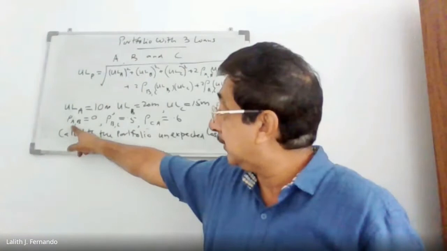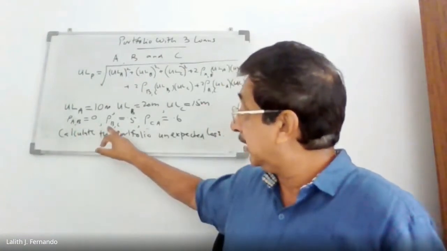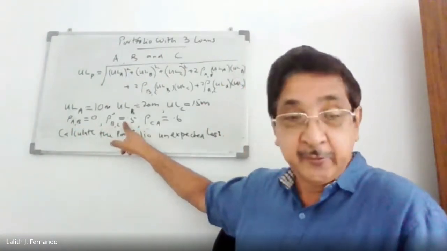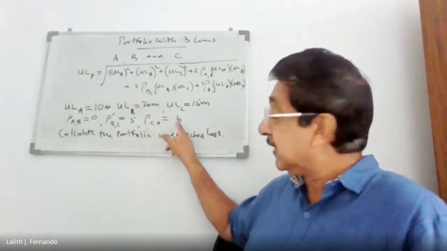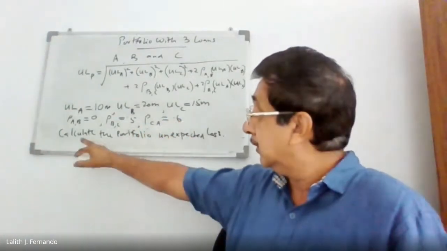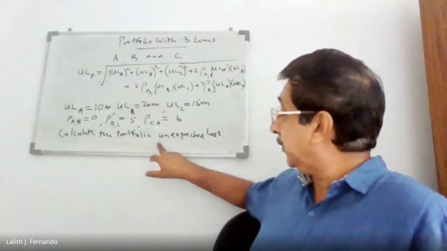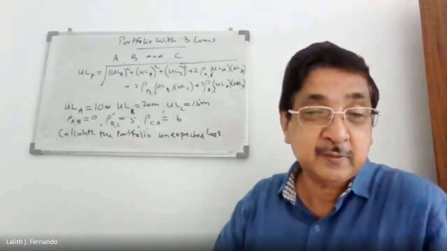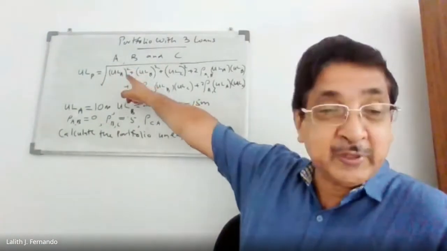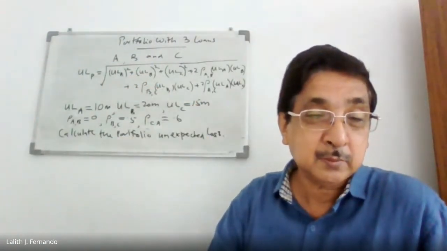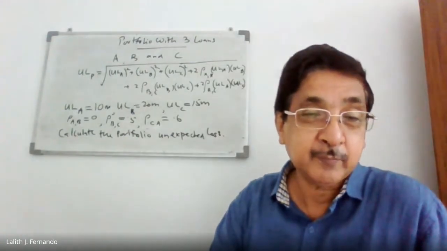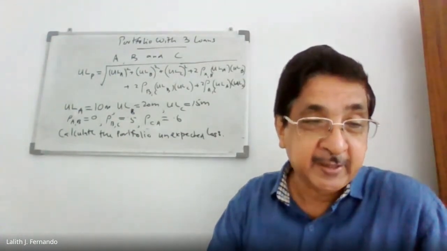Correlation between A and B is 0, between B and C 0.5, between C and A 0.6. Calculate the portfolio unexpected loss. Now, I think you can make use of this formula. It is a matter of applying the formula.